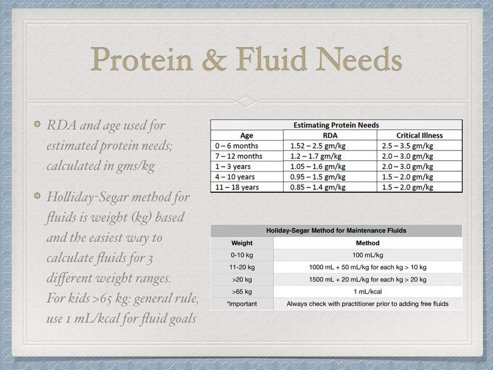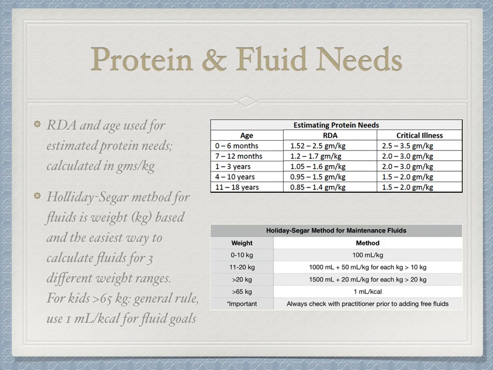So moving on to protein and fluid needs. For protein, we're going to use the RDA, and it's fairly simple in that you just plug the kilograms into the formula that fits the patient.